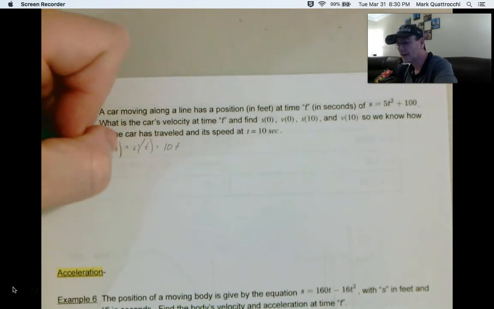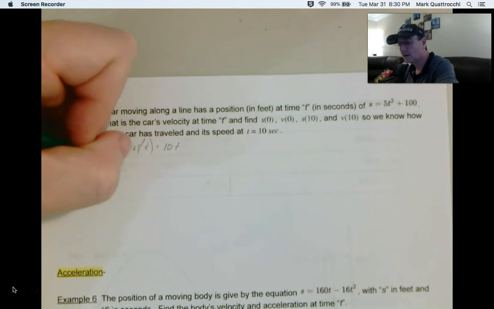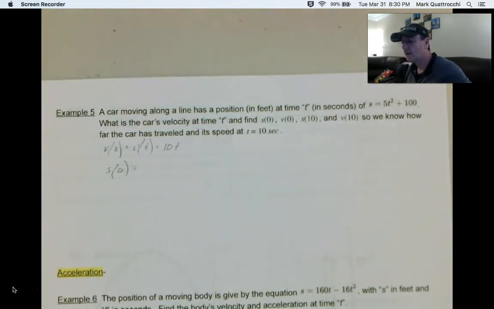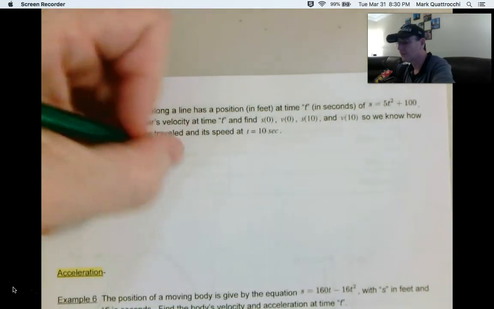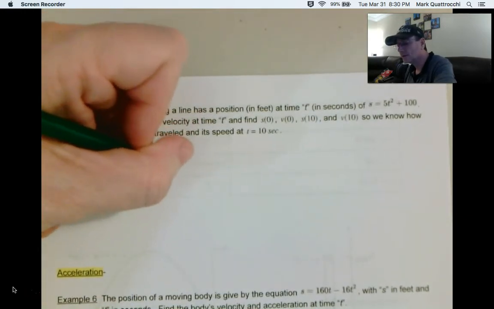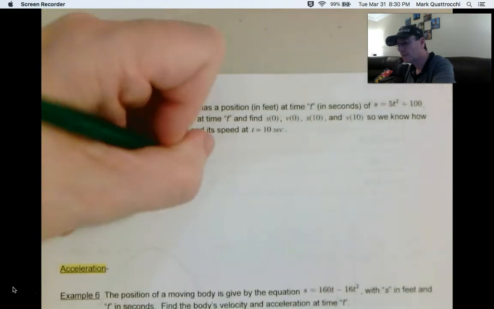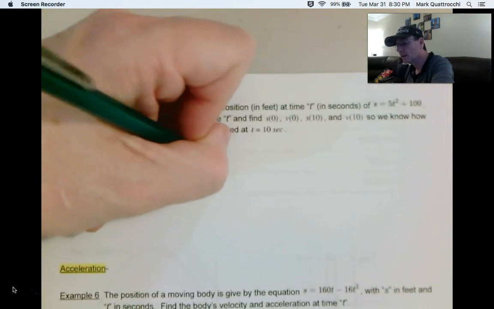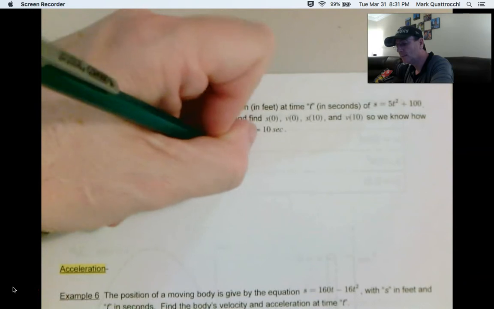We want to find s of 0, which is 5 times 0 squared plus 100, or 100 feet.